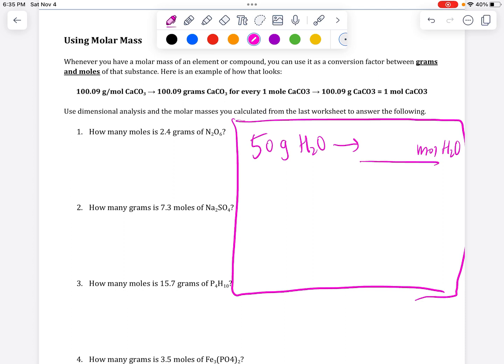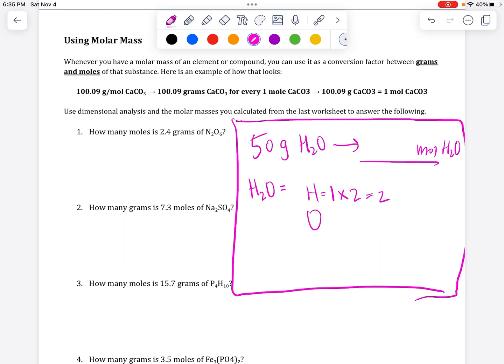So H2O. There are 2 hydrogens, and each hydrogen is approximately 1. Notice that there's 2 of it, so I'm going to multiply that by 2. I should label so that you guys don't get confused. I'm going to put it to the side a little bit. So hydrogen, that's 2.